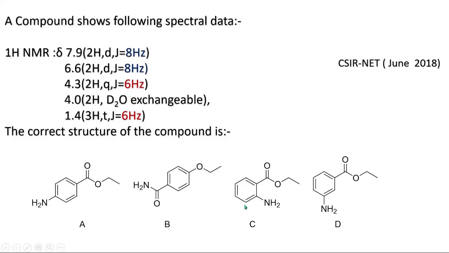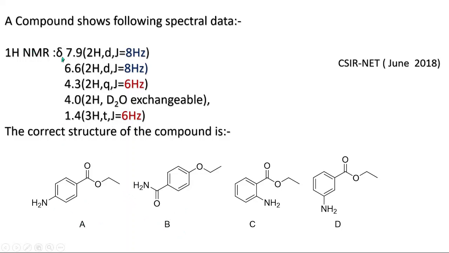This is a different proton, this is also different, this is also different, and this is also a different proton. And for compound D, this is different, this is different, this is different, this is different. So from the chemical shift values given, two chemical shift values are given, we can eliminate options C and D. Now what we can do, we can compare A and B.